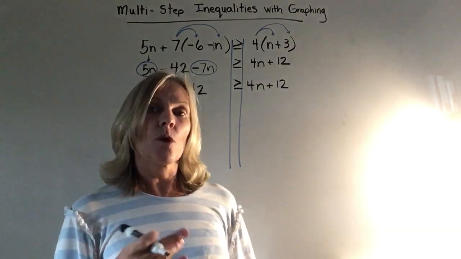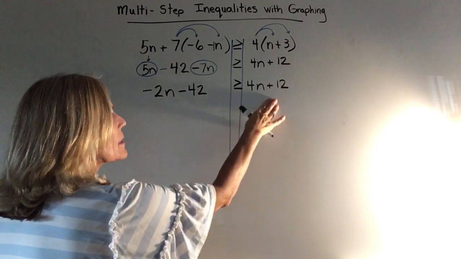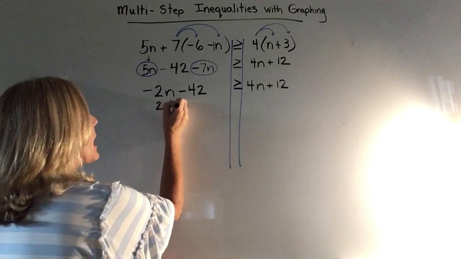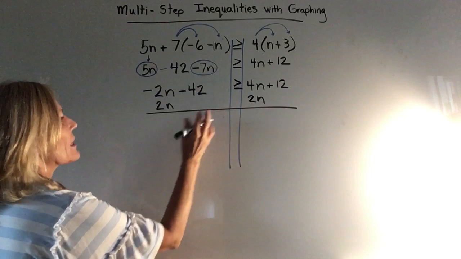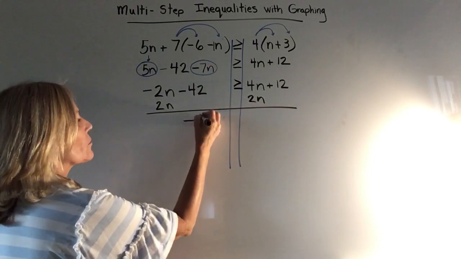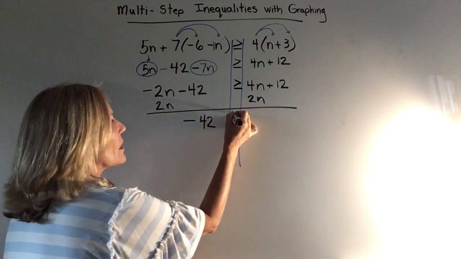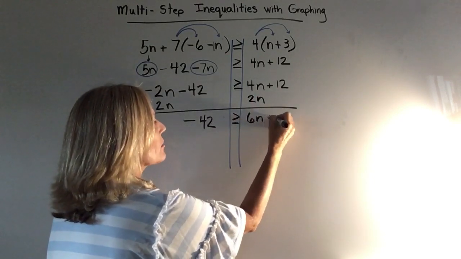Well, I'm going to show you one other way to do it also. I can move the variables over here, but let's say I put the variables on this side because this is smaller. So I'm going to go ahead and add 2n to both sides. Now the only reason why I would do that is I'll end up with a positive number over here. So this side will give me negative 42, and that's still greater than or equal to, and this is going to be 6n plus 12.